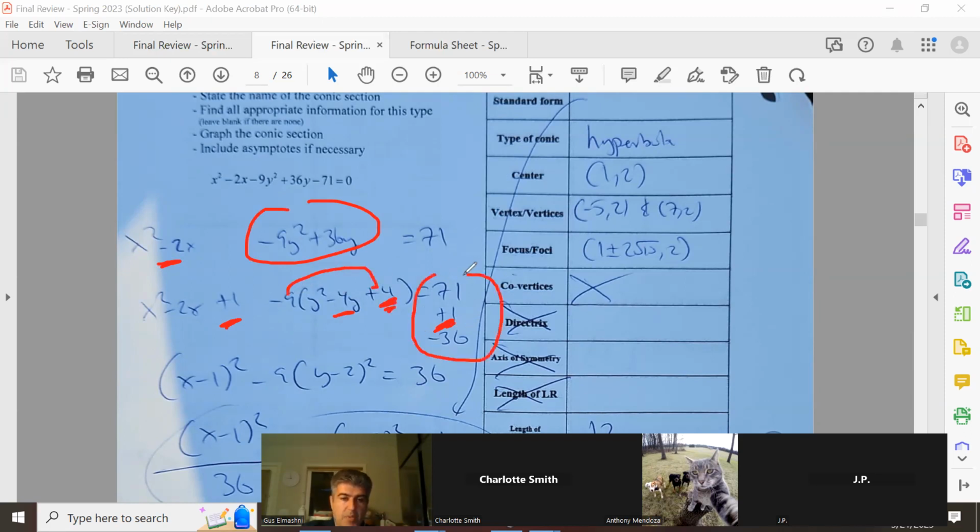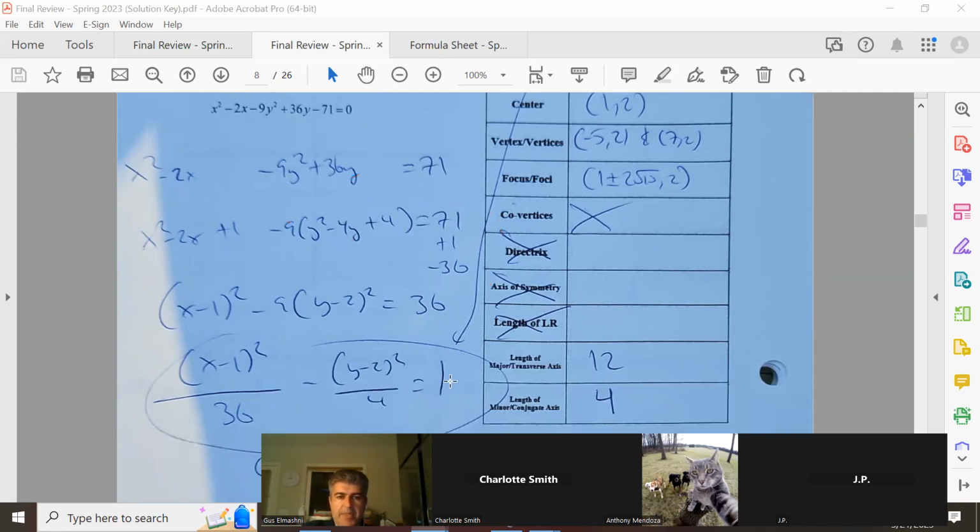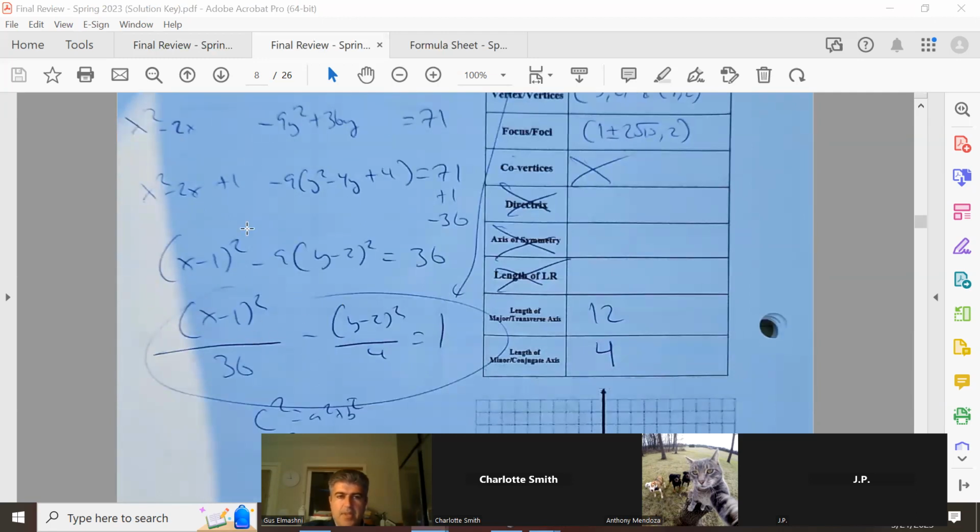So I have 71 plus 1 minus 36, which becomes 36. It makes the math clean when you divide by 36, because then you have a perfect square, so you can easily figure out what a and b are. And then it's (x minus 1) squared over 36.